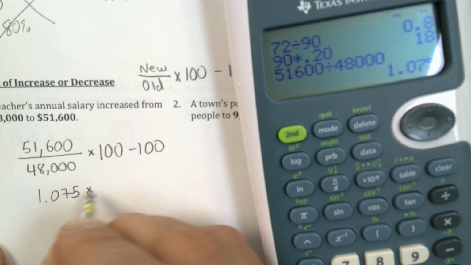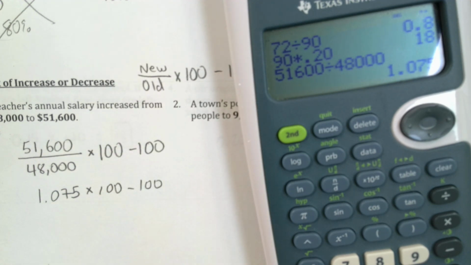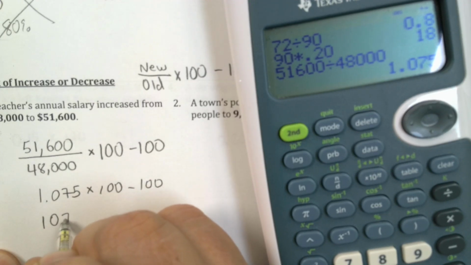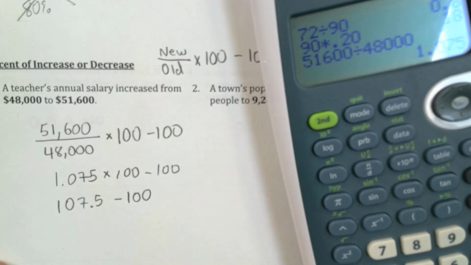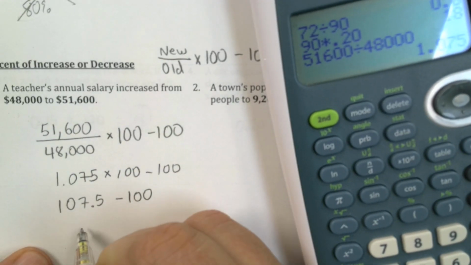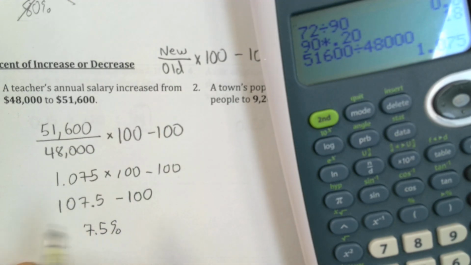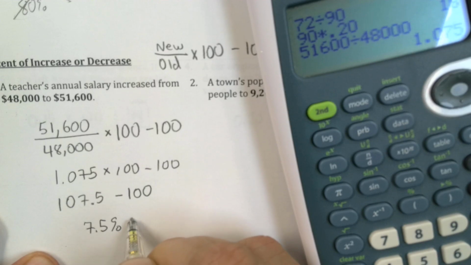And that's going to give you 1.075. Then we're going to multiply that by 100. That essentially moves the decimal twice. So that's 107.5 minus 100. And then subtract 100, 7.5. So that means this salary increased 7.5%.